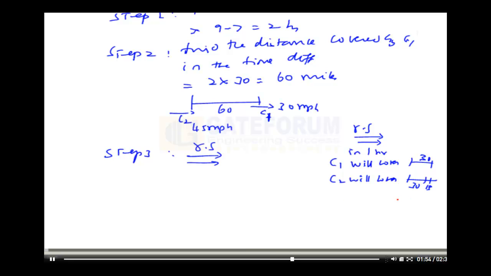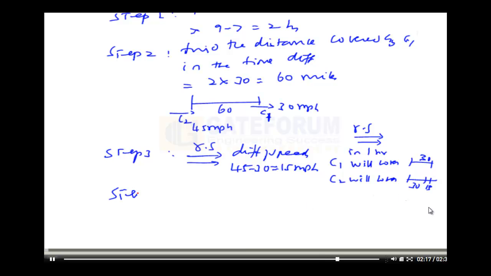This excess distance covered is called the relative speed. So in this case, how do you get the difference? 15 is the difference of speeds. From 45 remove 30, you get the relative speed of 15. The meaning is C2 can travel 15 miles more every hour than C1.